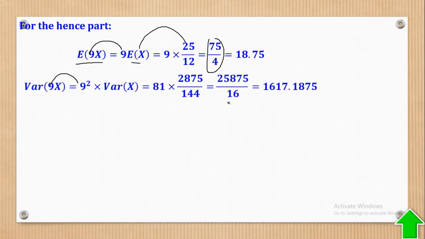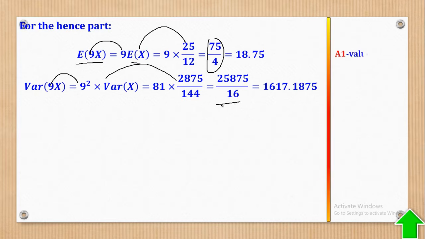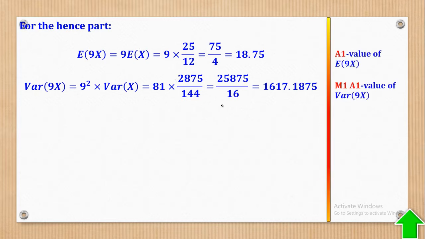So when I substitute, I'll come up with 25875 over 16. So A1 for total expectation, M1 for substitution, and A1 for total variance.